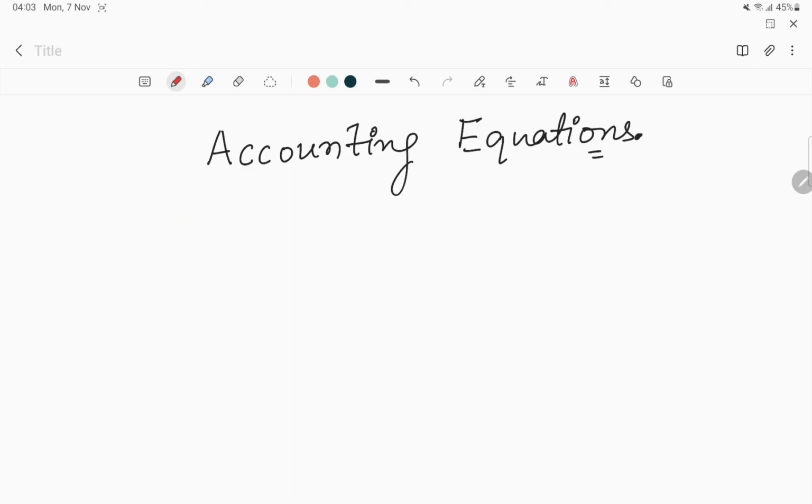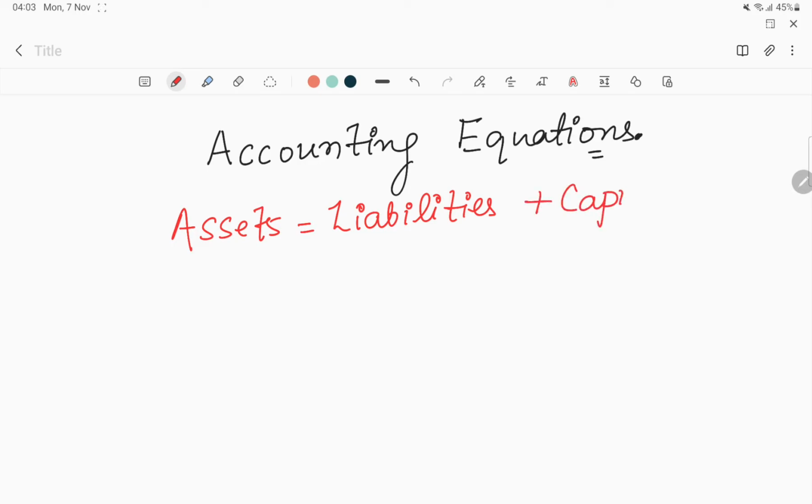The equation is assets is equal to liabilities plus capital. So if you are starting any business, there must be some assets and there must be some liabilities, and capital should be there.